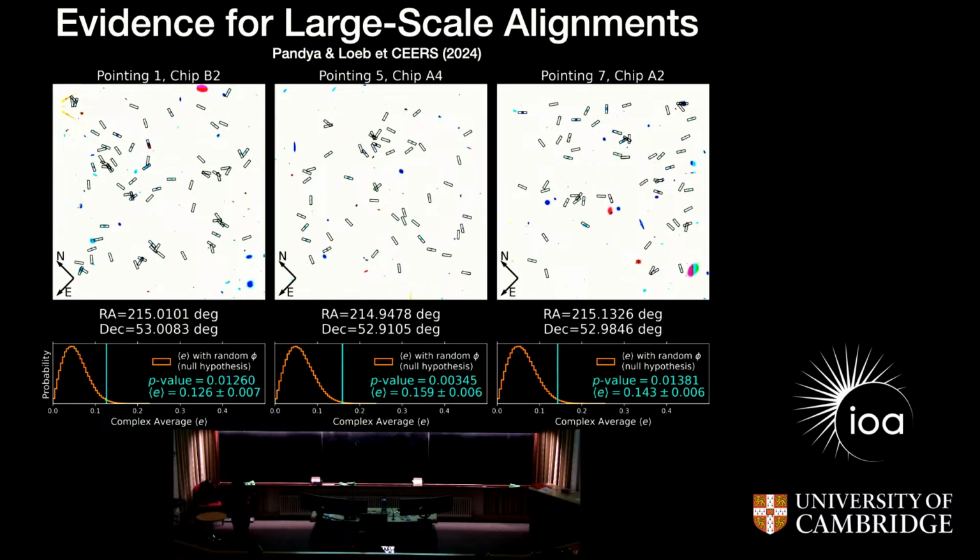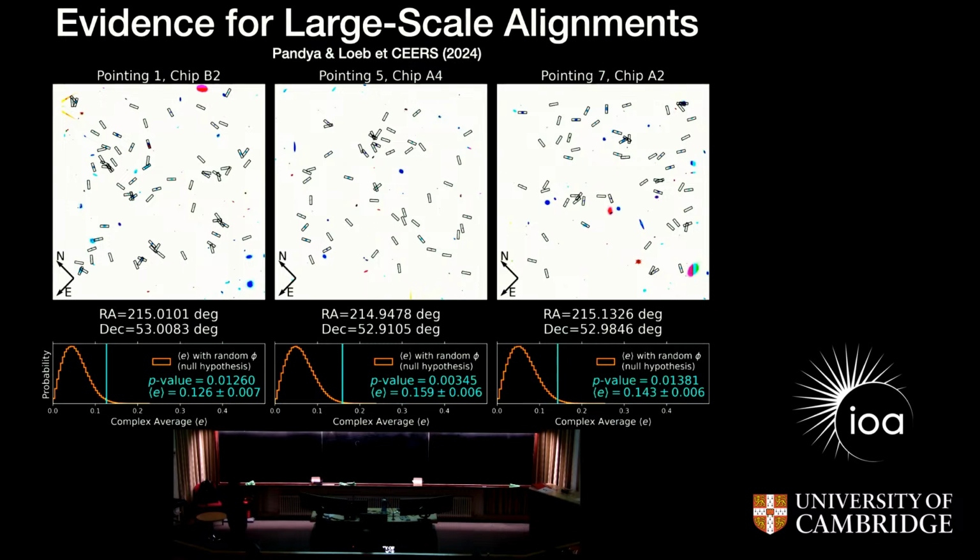It's hard to tell by eye that there's actually a non-random alignment pattern here. If you stare at this long enough, as I have, you'll start to see some very interesting patterns, like almost like these circular arrangements of galaxies. If anyone here is familiar with electromagnetism, some of these things are arranged like polarization type patterns. And in other cases, like these long, almost like chains of objects, right?